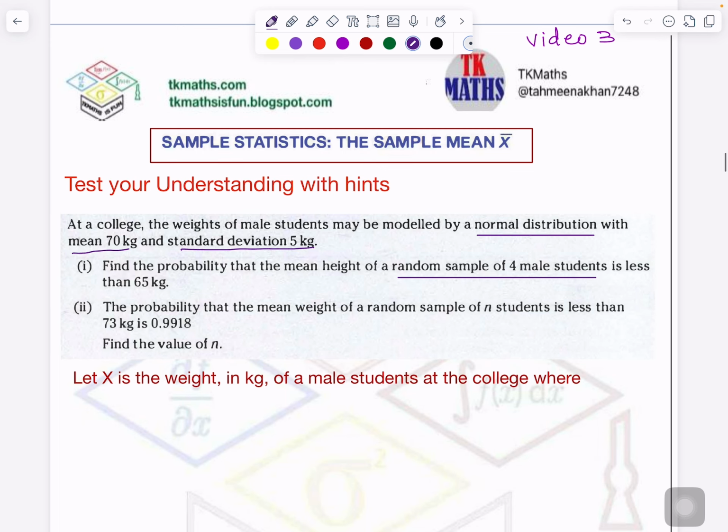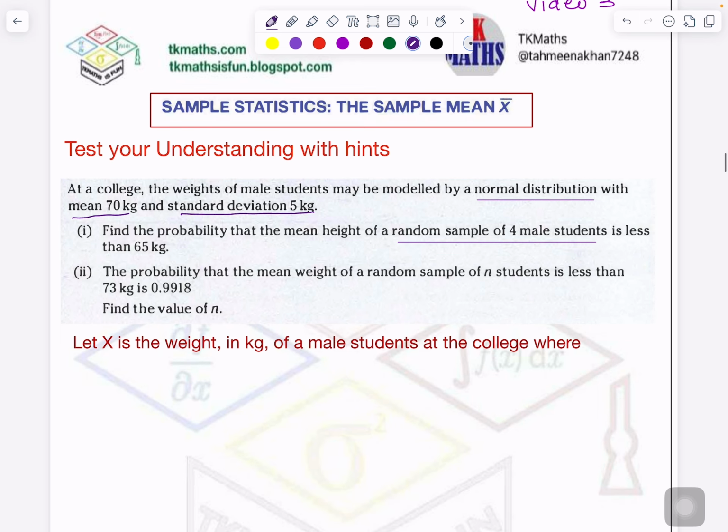You need to recall here, number 1 thing is what is the distribution? Okay, so let's first of all write down the distribution for x, and then we will write down the distribution for sample mean. So you write it first and then I will write here, or you tell me. Yes, it will be 70 and 5 square. This I have picked up from this first line. Then what will be the distribution of the sample mean?